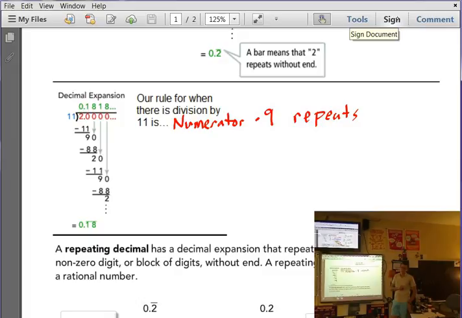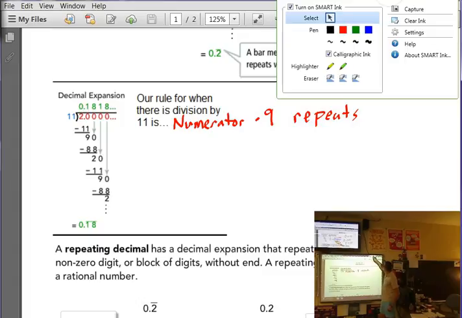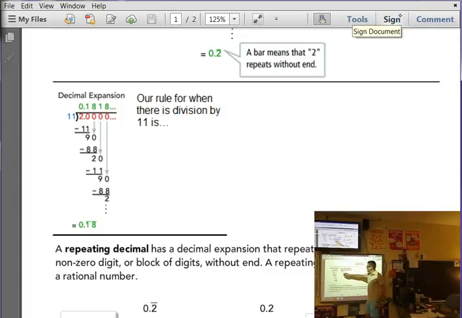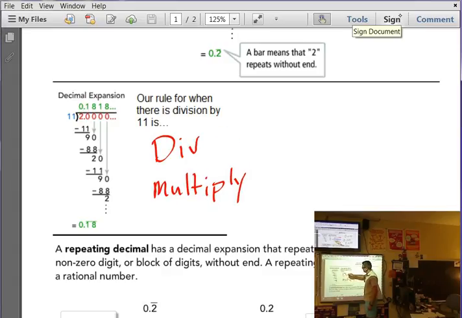And here's the part where I might blow your mind. So really, we could say divide by 11, multiply by 9.